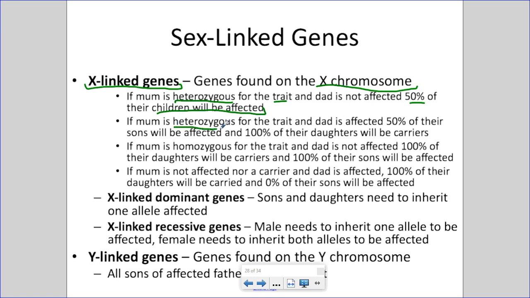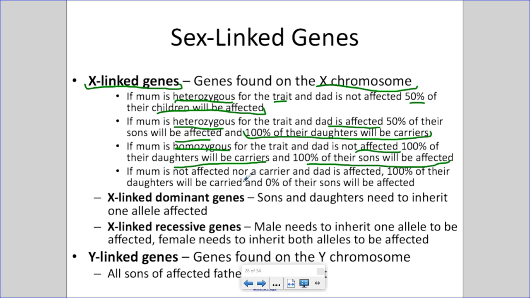If mom is heterozygous for the trait and dad is affected, so dad has an affected X chromosome, 50% of their sons will be affected, as they could get a defective X-linked gene from mom, and 100% of their daughters will be carriers, as dad contributes that affected X chromosome. If mom is homozygous for the trait and dad is not affected, 100% of their daughters will be carriers, and 100% of their sons will be affected.